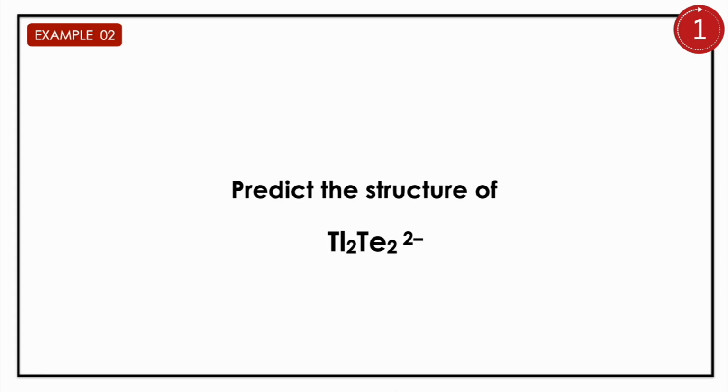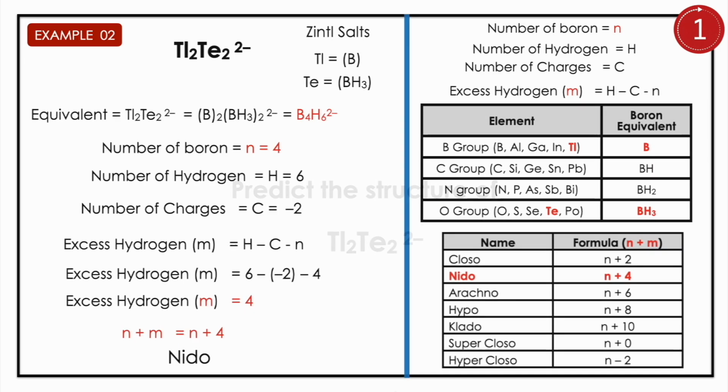Then the next example, Tl2Te2 2 minus. Two metals are there, tellurium and thallium. You should find the structure using Wade's rule. Two heteroatoms, thallium and tellurium, form a Zintl salt from two metals.